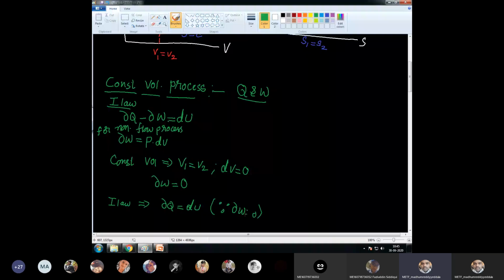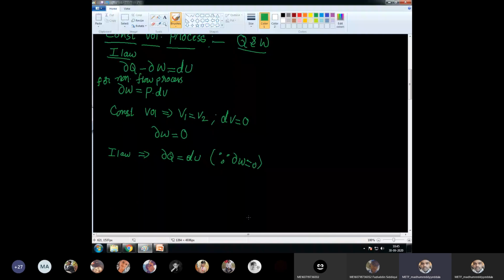Is it clear? This means for a constant volume process, work done is equal to 0. Because the volume is always constant, work done is 0 for a constant volume process, and heat flow dou Q is equal to dU.